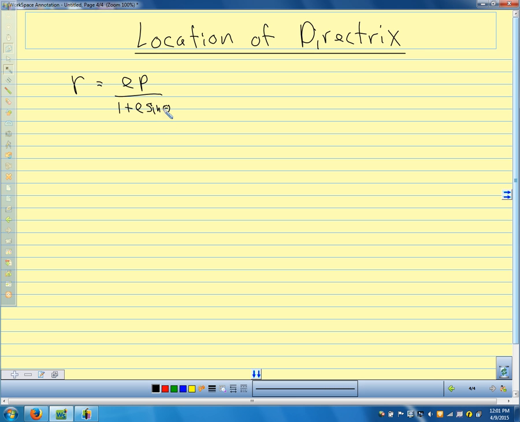So it's going to have a vertical axis, so the directrix is going to have to be horizontal. Because of the sine function, we have a horizontal directrix. And the directrix either has to be above or below the pole, because the pole is the focus. The plus sign tells us it's above the pole.